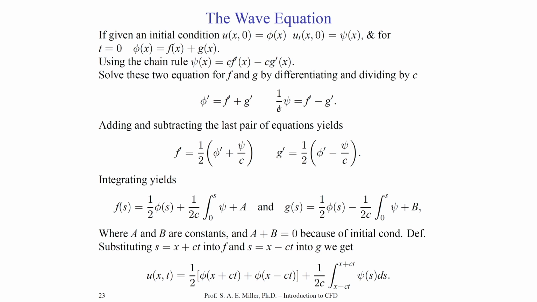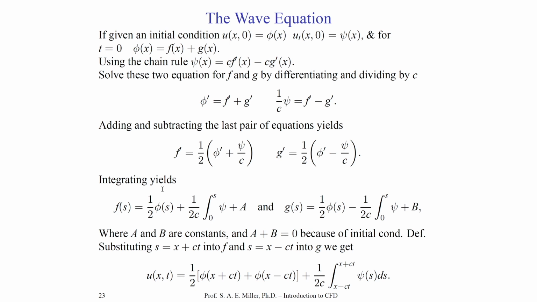I divided both sides by c in this operation for your convenience and simplicity. So adding and subtracting the last pair of equations up here will yield f prime is 1/2 of phi prime plus psi over c, and g prime equals 1/2 of phi prime minus psi over c. We can then integrate these equations from the primes to find f and g as a function of some arbitrary variable s.